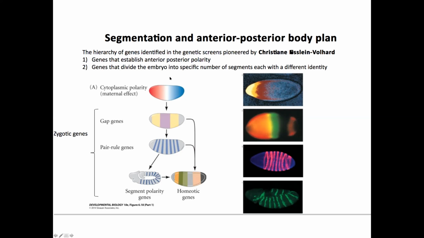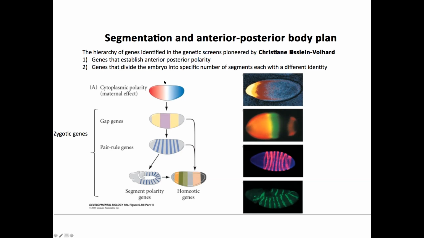And in between, where both of them are repressing each other, or very low concentrations of both the gradients are seen, that will give rise to a segment that has another identity.